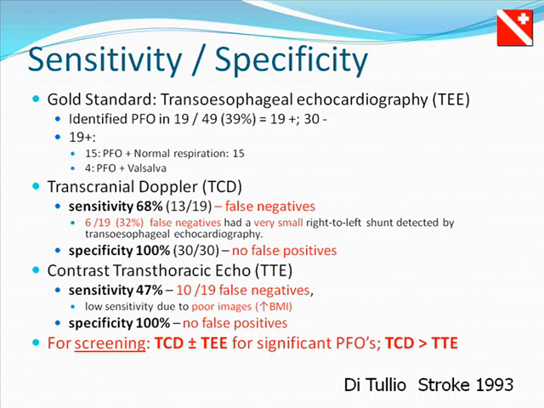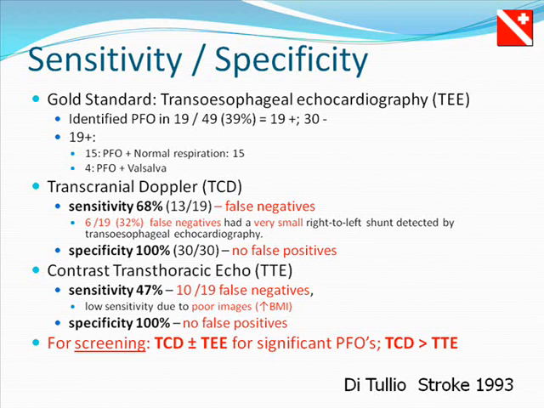They then had transcranial Doppler, which basically samples the circle of Willis during the contrast procedure, and it was able to detect 13 out of the 19 that had been found on TEE. So its sensitivity was 68%. One can add that fortunately the ones it missed were small PFOs.